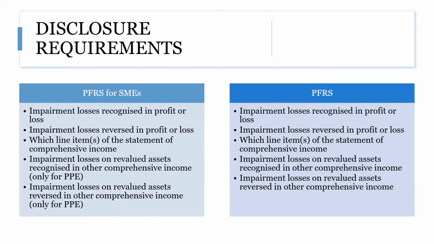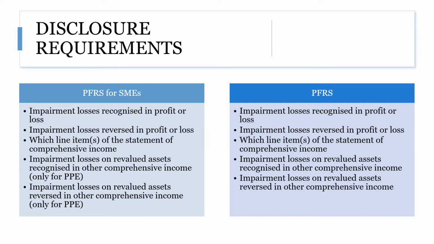So, these are the disclosure requirements. Impairment losses recognized in P&L. Impairment losses reversed in P&L. The line item of the statement of comprehensive income and the impairment losses of revalued assets.